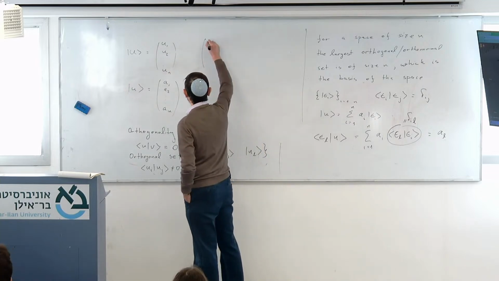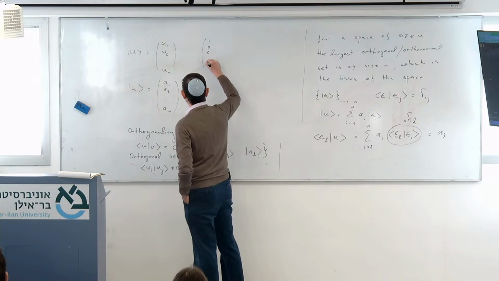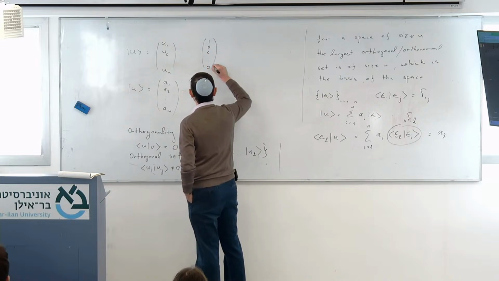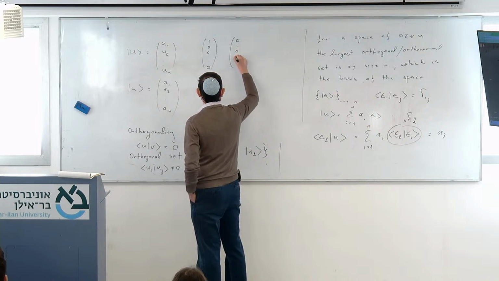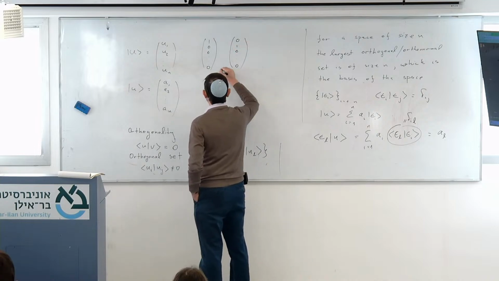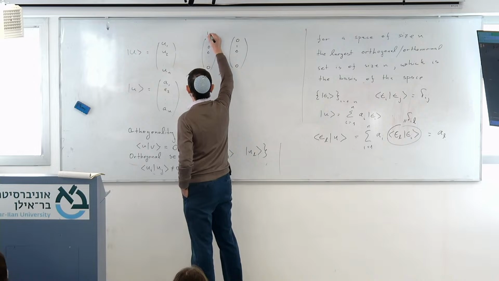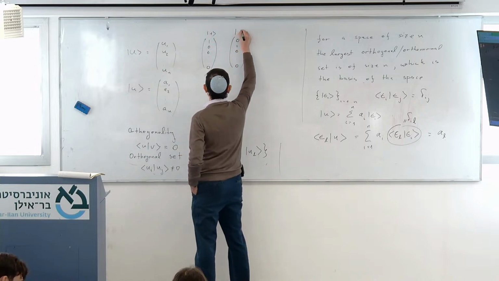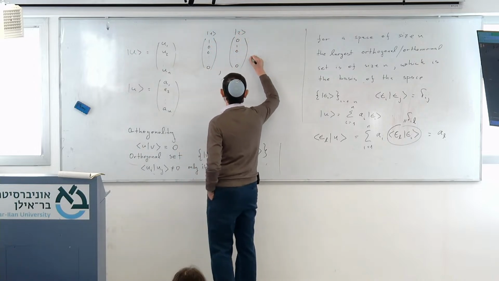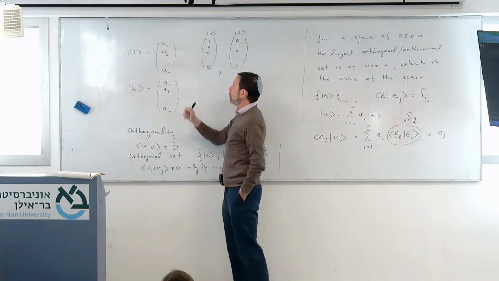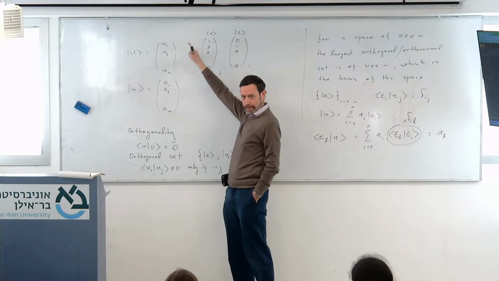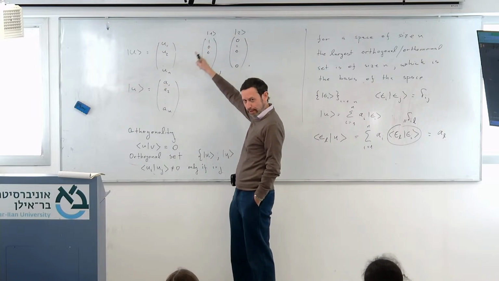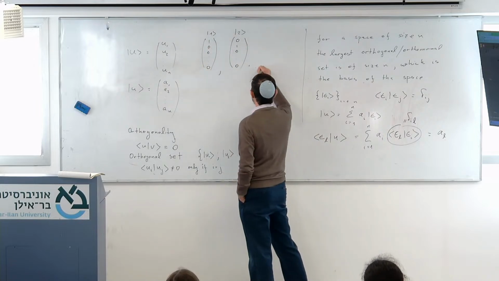That's the natural basis, where U1 means U1 times this one, U2 times this one, UN times the last.